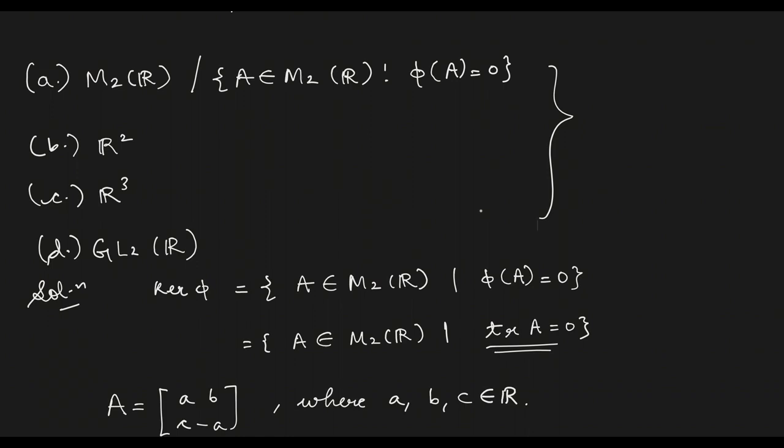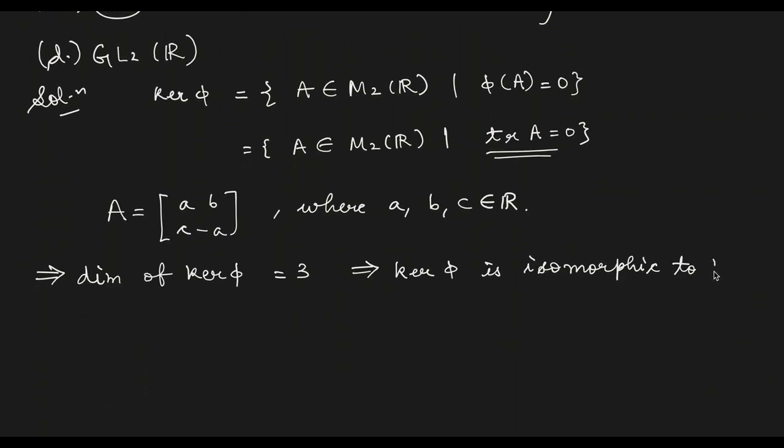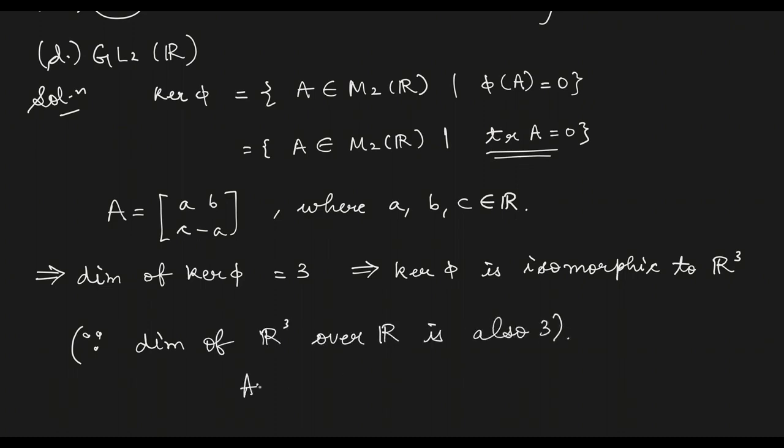C part na? C part. Dimension is 3 na? Dimension is 3. Because dimension of R cube over R is also 3. So answer is C part, R cube.